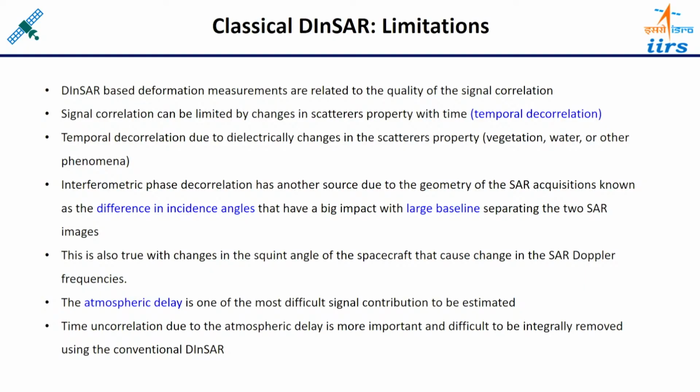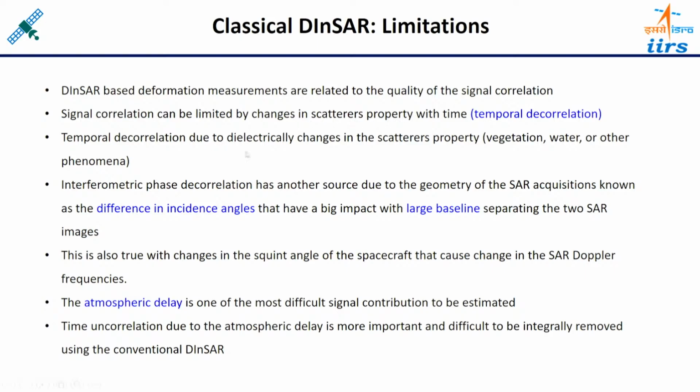These are the classical InSAR limitations mentioned here. InSAR based deformation measurements are related to the quality of the signal correlation. Signal correlation can be limited by changes in scatter properties, that is, temporal decorrelation. If temporal decorrelation is more, the signal is completely noisy.